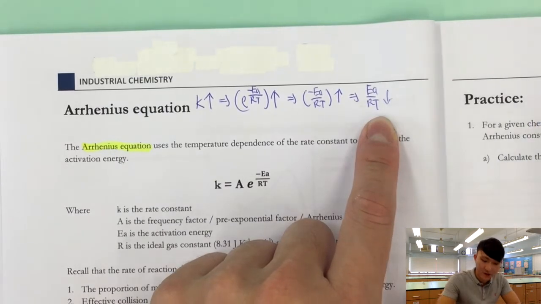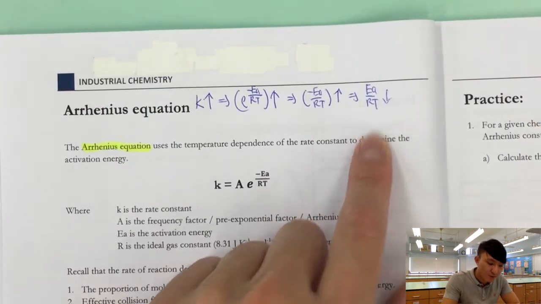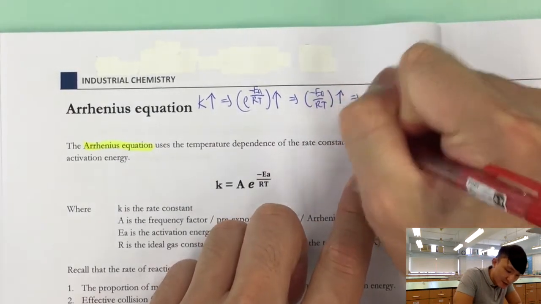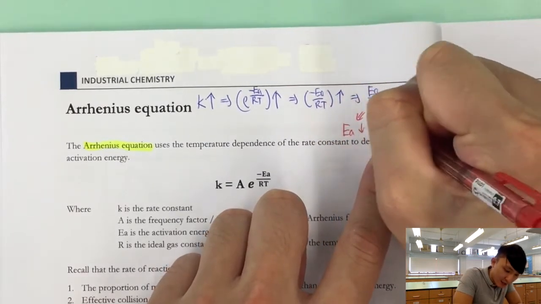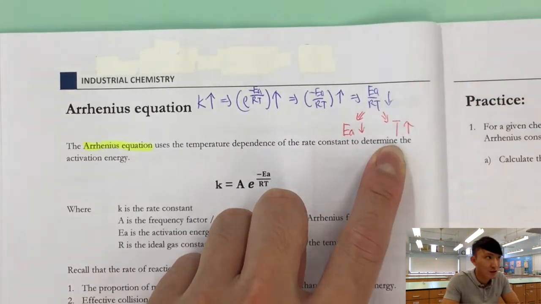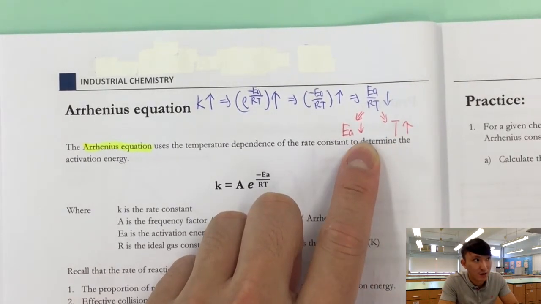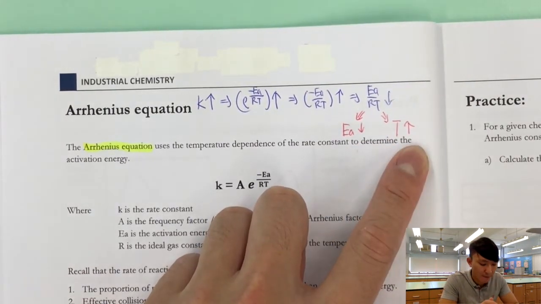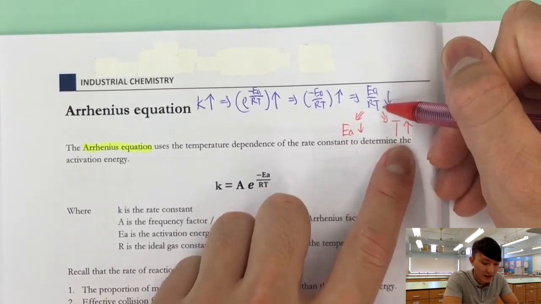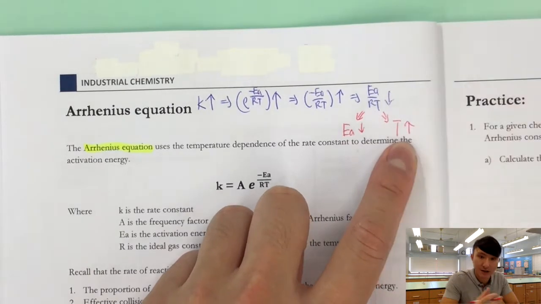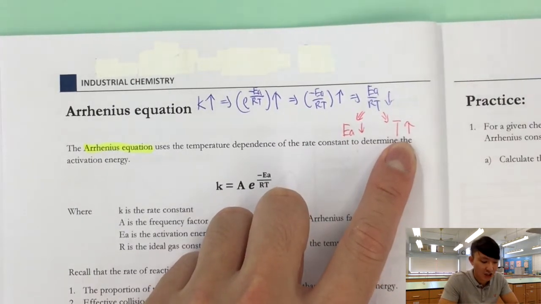When Ea over RT is small, what does it tell you? It tells you that Ea must be small and T should be large. Ea should be small, T should be large. Because think about it, you have a smaller numerator and a larger denominator. R is a constant which we can't change.